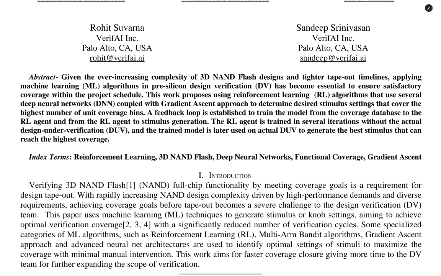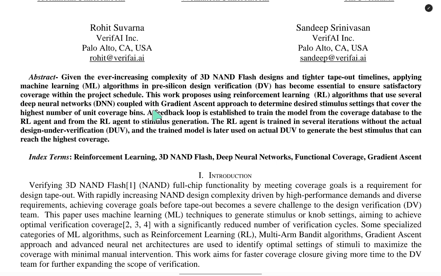This work proposes using reinforcement learning (RL) algorithms that use several deep neural networks (DNN) coupled with a gradient-ascent approach to determine the desired stimulus setting that covers the highest number of unit coverage bins.